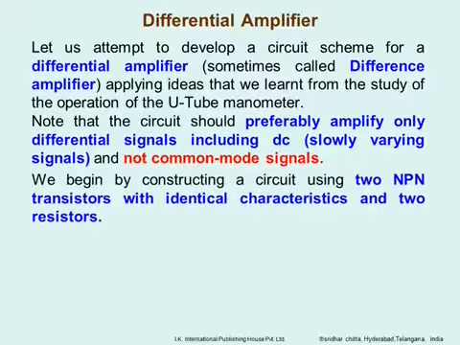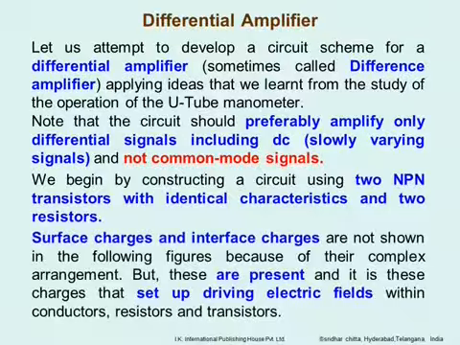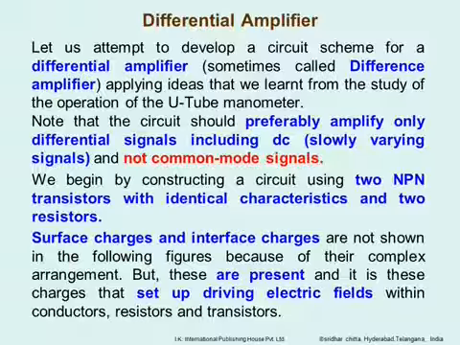We begin by constructing a circuit using two NPN transistors with identical characteristics and two resistors. Surface charges and interface charges are not shown in the following figures because of their complex arrangement, but these are present, and it is these charges that set up driving electric fields within conductors, resistors, and transistors.